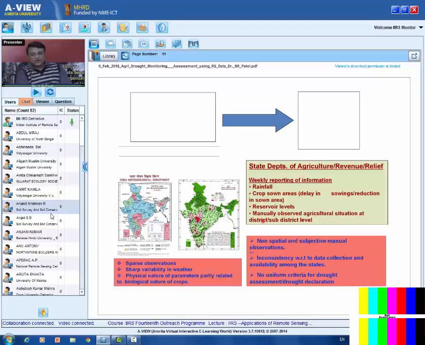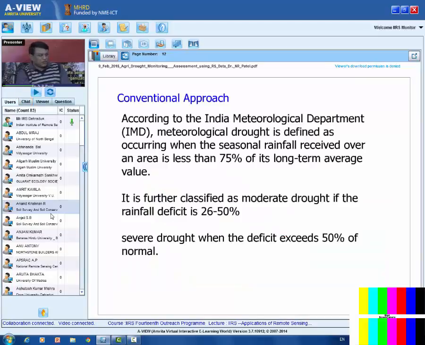But this kind of approach may not be adequate to represent a large India, having large biomass with heterogeneity in the soil, topography, and agricultural crop types. So this information may be useful if it is adequately available from high resolution satellite data or a high dense network of rain gauge measurement.